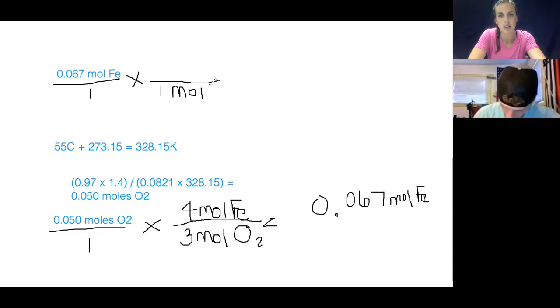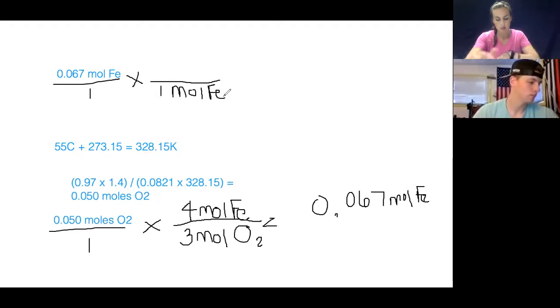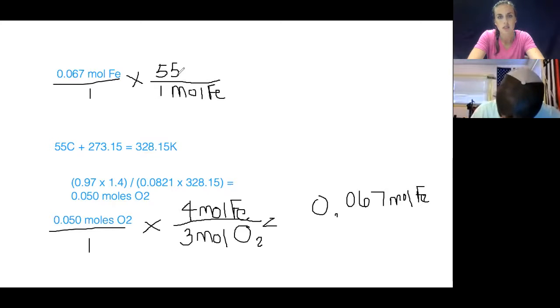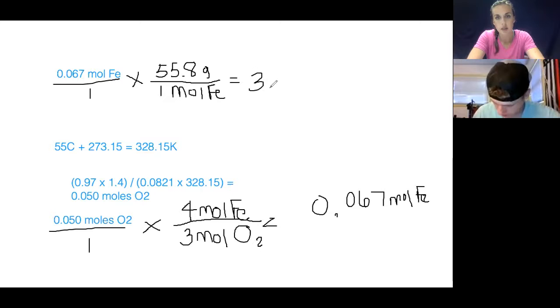And then I look at the periodic table and find out how many grams in 1 mole of iron, which is 55.8. And once you multiply that, you will get 3.7 grams of iron.